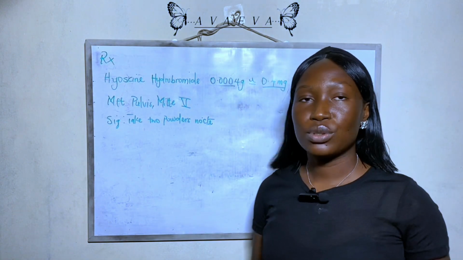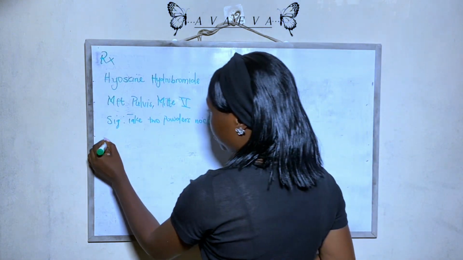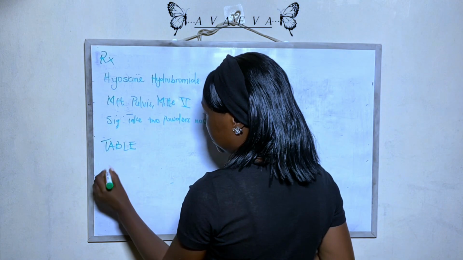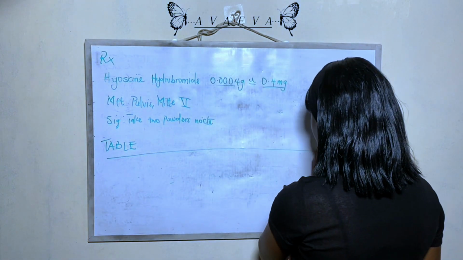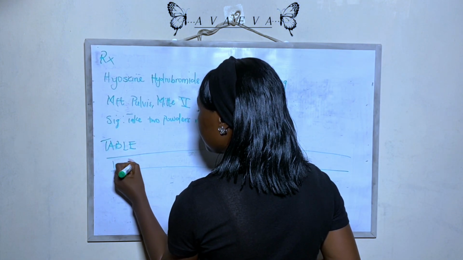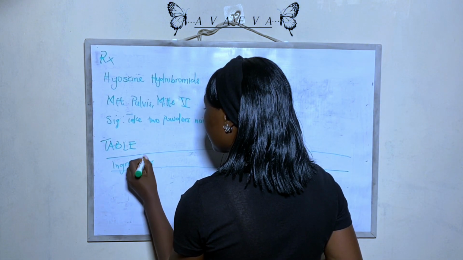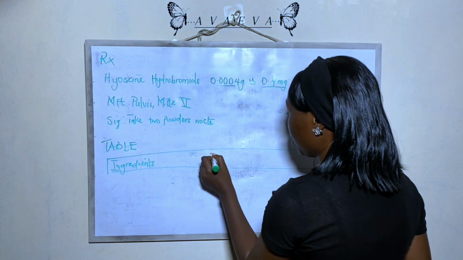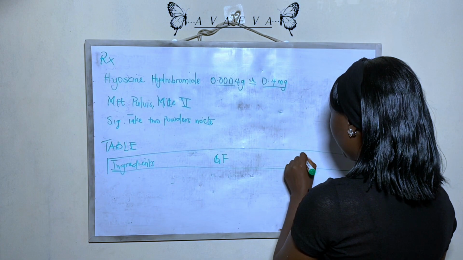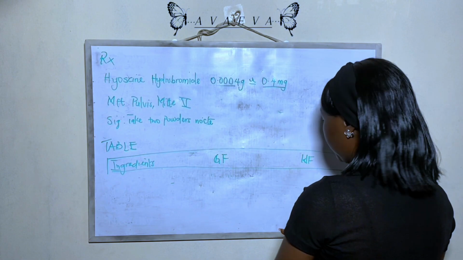But first, you have to draft out your table, and your table will look like this. As always, you have your ingredients, you have your giving formula, and then you have your working formula.